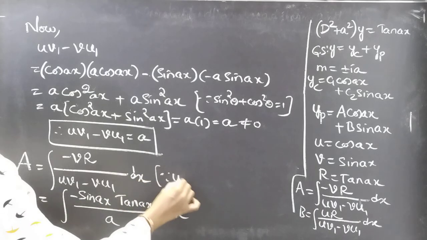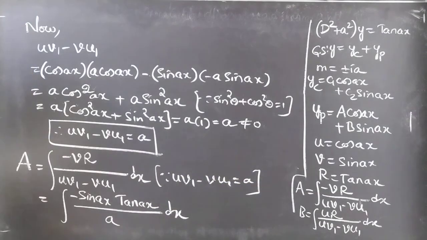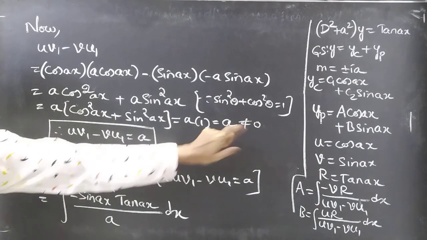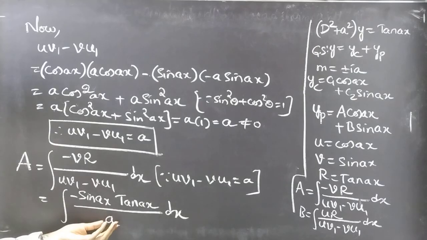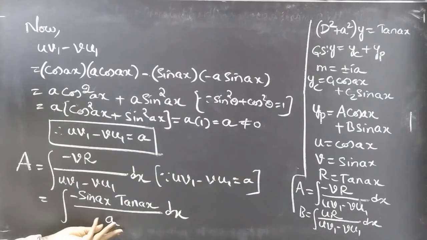Since uv1 minus vu1 equal to a, the denominator must be non-zero, right? So that I have written non-zero here. If it becomes 0, we'll get the integrand undefined, okay? But in our problem we got the denominator which is non-zero.